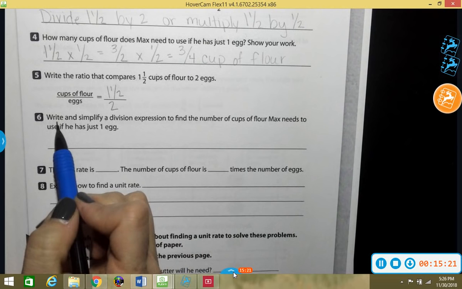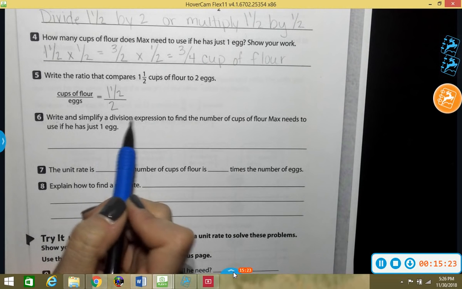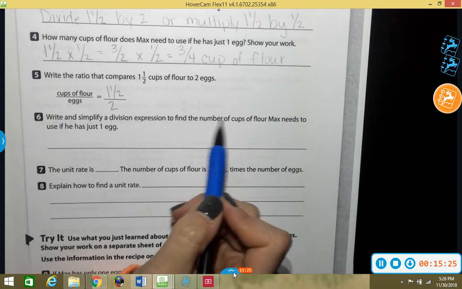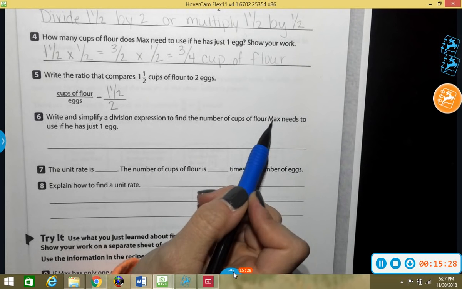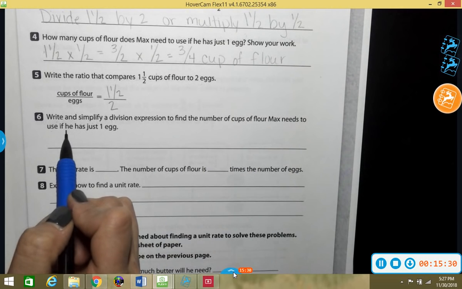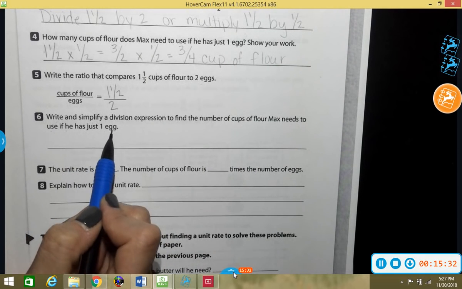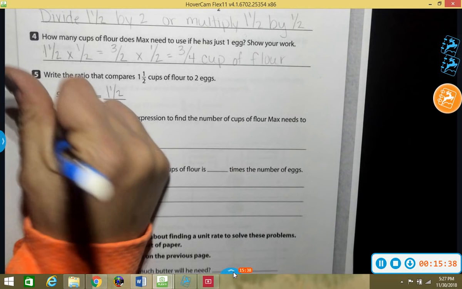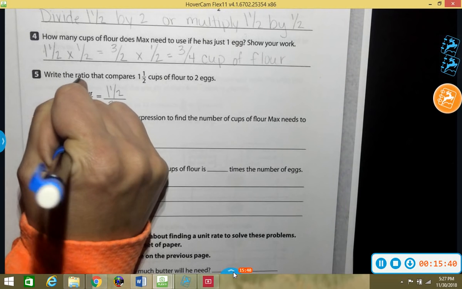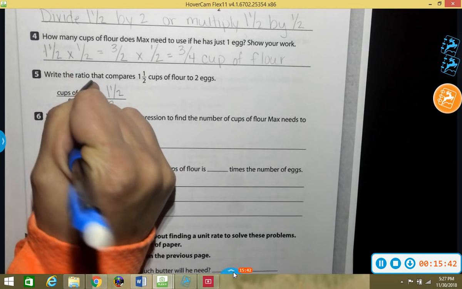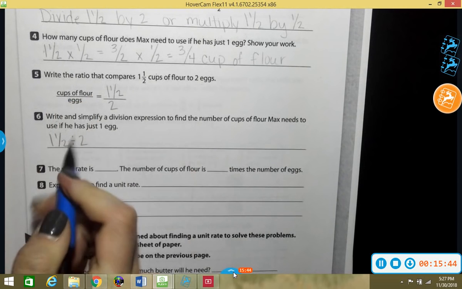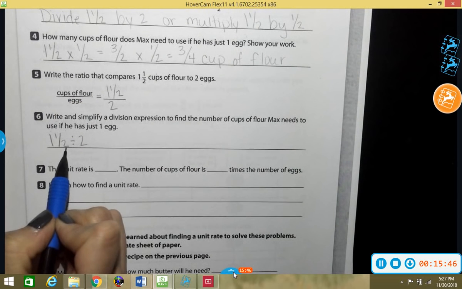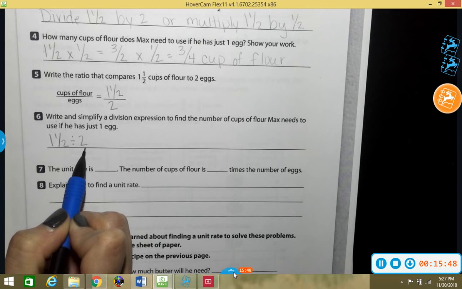Number 6, write and simplify a division expression to find the number of cups of flour Max needs to use if he has just 1 egg. So what we have is 1.5 cups of flour divided by 2, because it's 1.5 cups of flour and 2 eggs in the original equation.